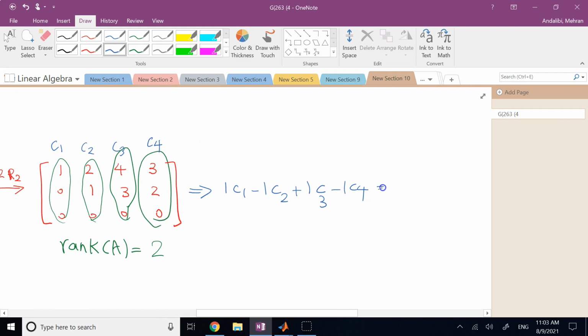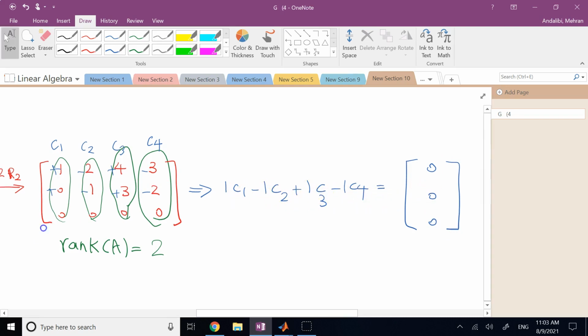If you do so, what will you get? Just add the numbers: positive, negative, positive, negative. You will get a 0. Again, positive, negative, positive, negative. You'll get a 0. The last row is all zeros. So you see, I could get a simple combination of columns to get a 0.